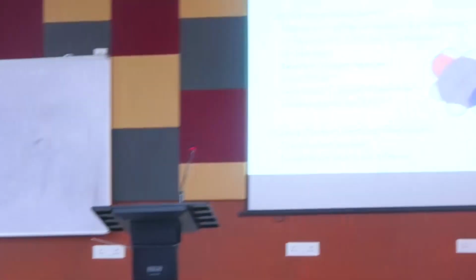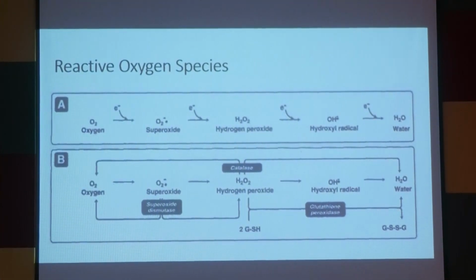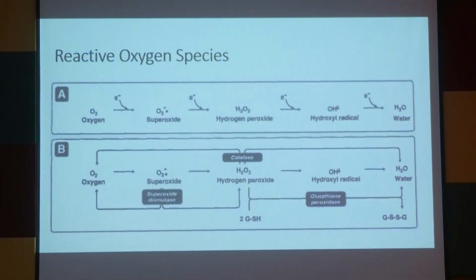Next is reactive oxygen species, the free radicals of our body: superoxide and hydroxyl radical. Oxygen, after donating an electron, occurs as superoxide; donating another electron, it comes to hydrogen peroxide.